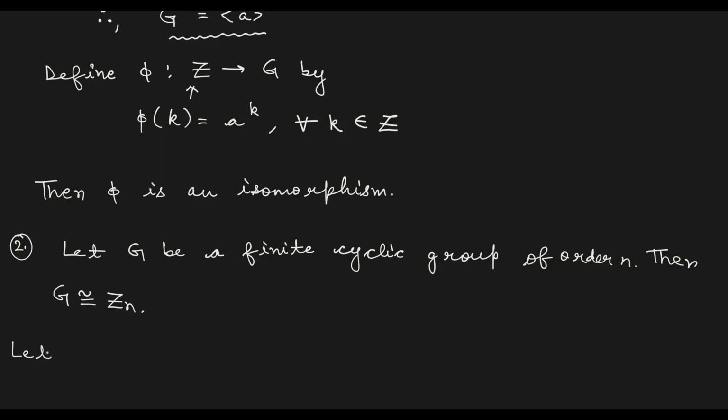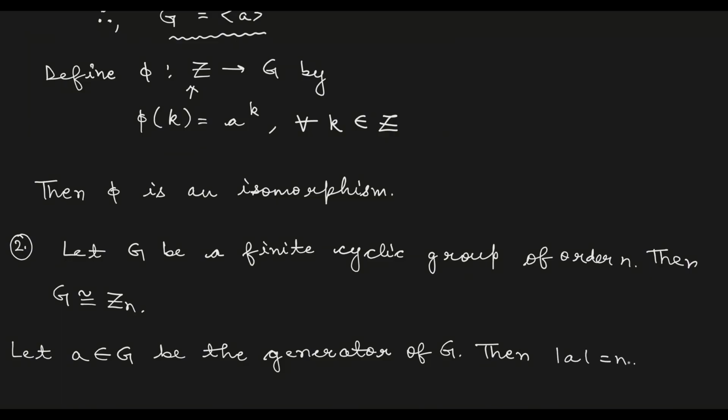Here also let a belongs to G be the generator of G. Then as a is a generator of G and G is a finite cyclic group of order n, so the order of a will be n only.